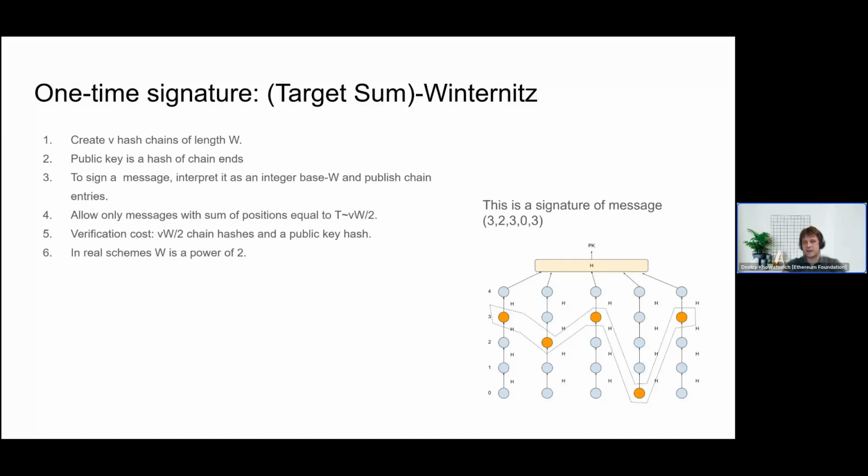So in order to sign another message, you have to find a pre-image to at least one of them. And as long as the hash function is quantum proof, then the entire construction is quantum proof. And the vast majority of deployed hash functions are quantum proof because they don't contain any quantum vulnerable machinery inside.